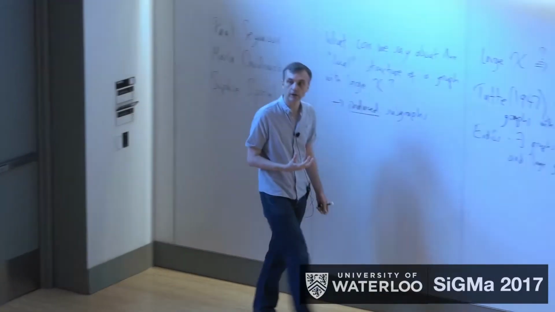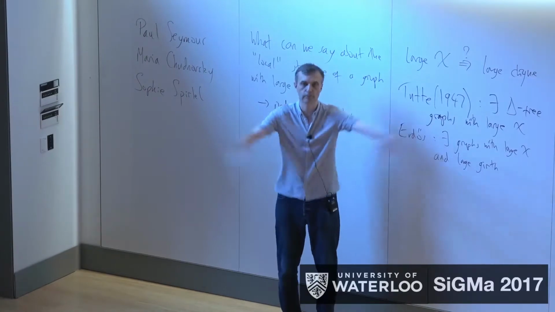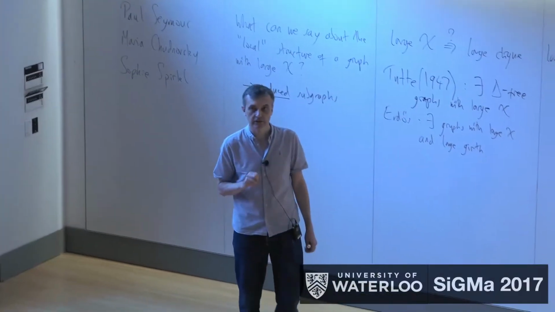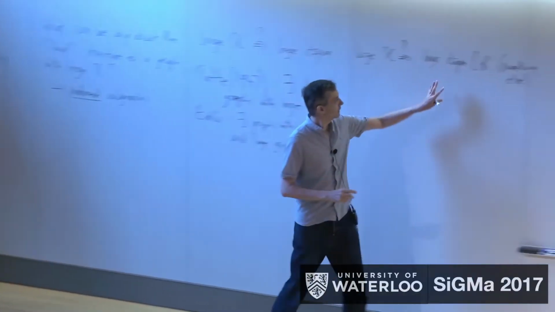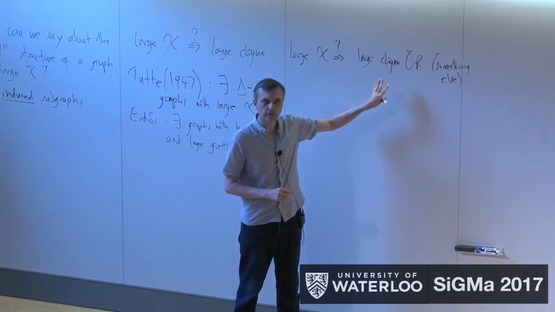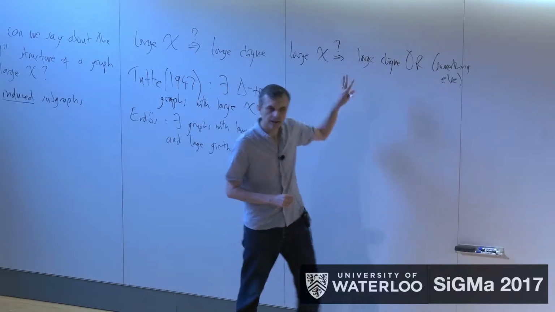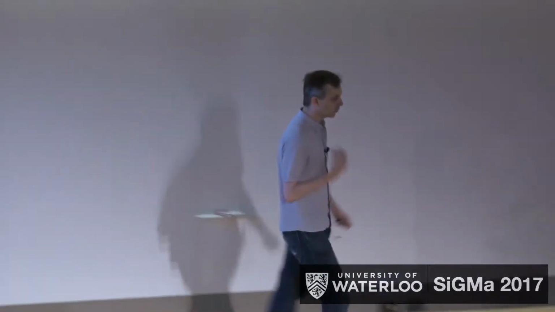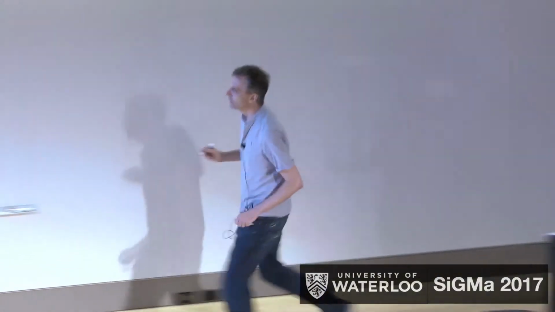You have to allow for a large clique, because if your initial graph is just a giant complete graph, then the only things you get are cliques. Everything in this talk focuses around questions of this form: if I have large chromatic number, then do I get either a large clique or something from some particular class of graphs?